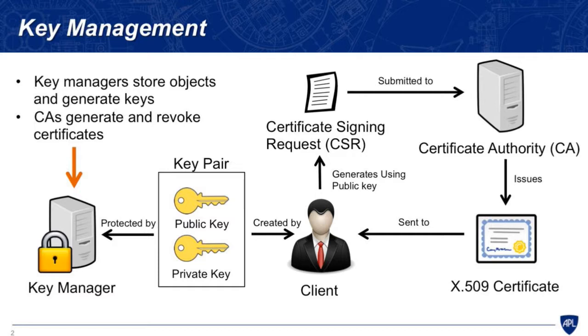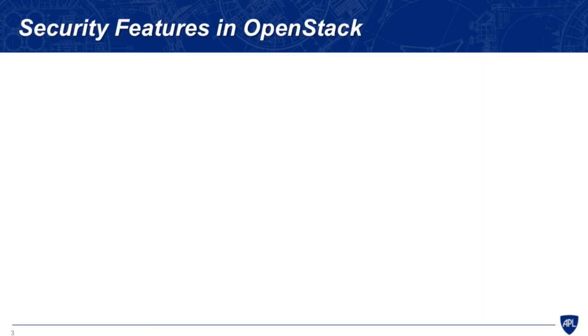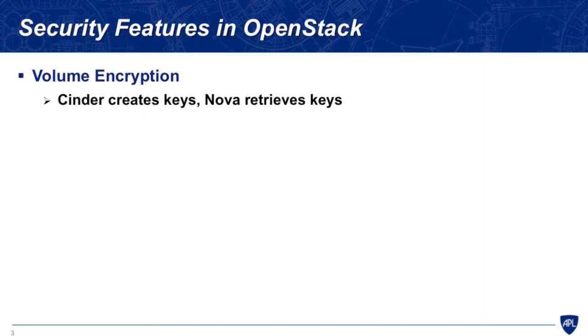So in an OpenStack perspective, there's a few security features that already use key management. One is volume encryption. And for this, Cinder, the block storage service, will request that the key manager creates keys when it creates volumes, and then Nova will retrieve those keys when Nova attaches the volume.